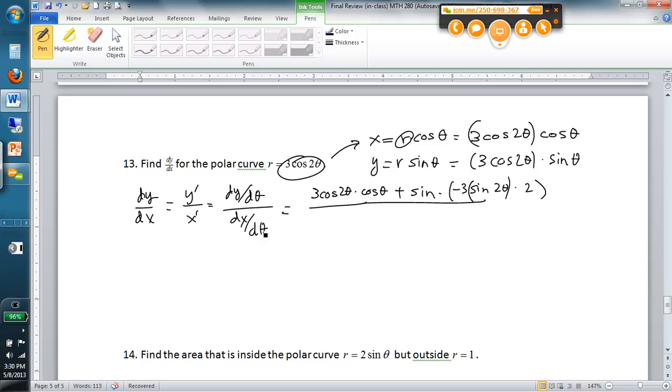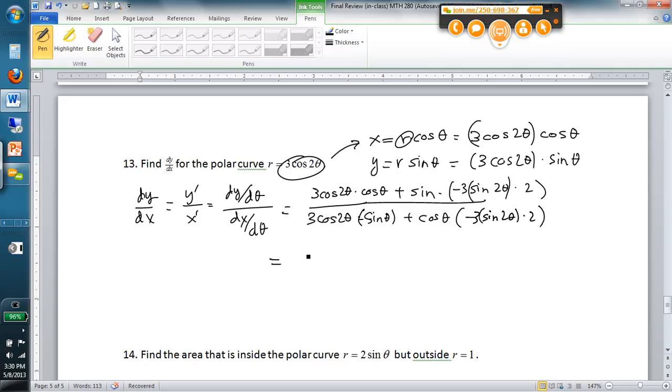And then the bottom, dx/d theta, product rule: 3 cosine 2 theta times the derivative of cosine, which is negative sine. And then the cosine times the derivative of 3 cosine 2 theta, which is the same thing as I got right there.